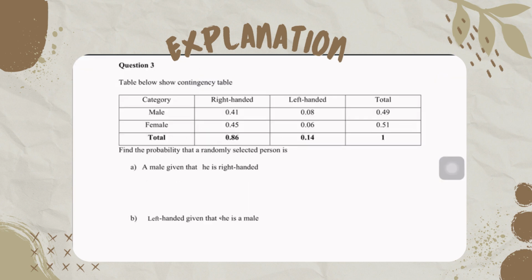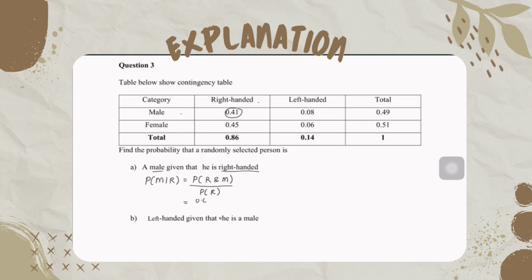The last question is question 3. The table below shows a contingency table. Find the probability that a randomly selected person is male given that he is right-handed. The keywords are male and right-handed, and the formula is probability of male given right-handed equals probability of right-handed and male divided by probability of right-handed.